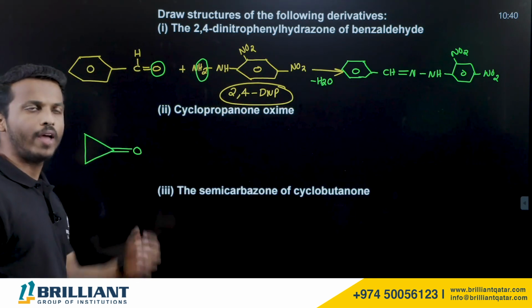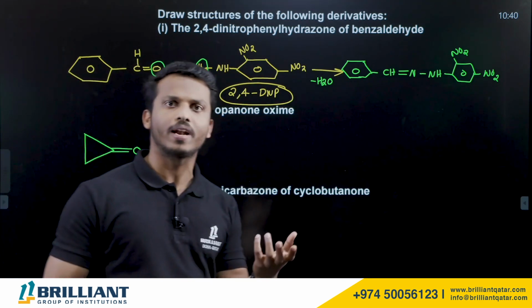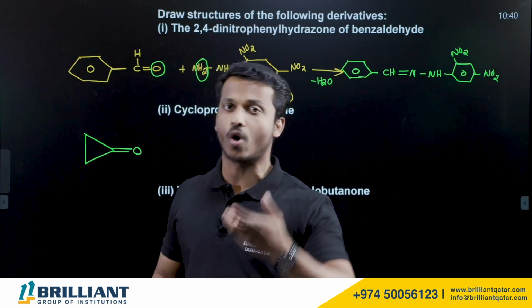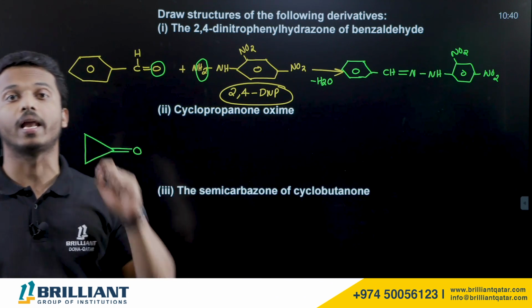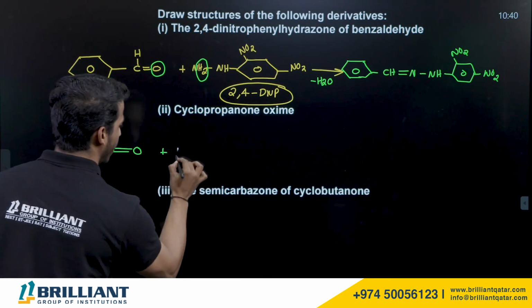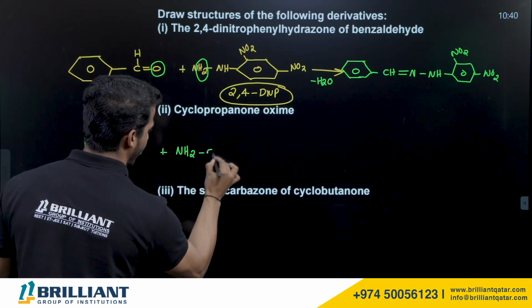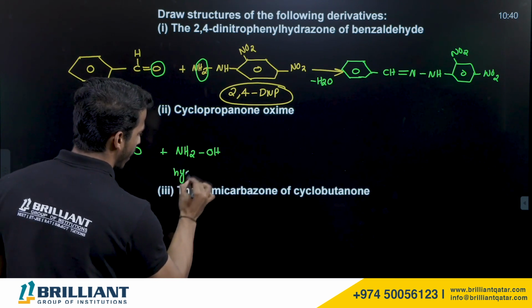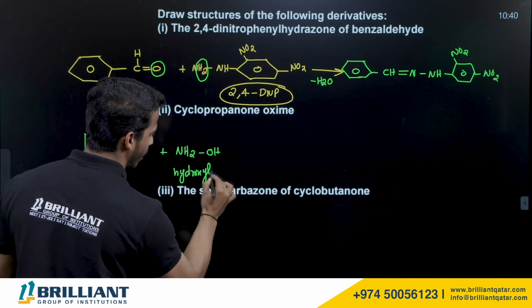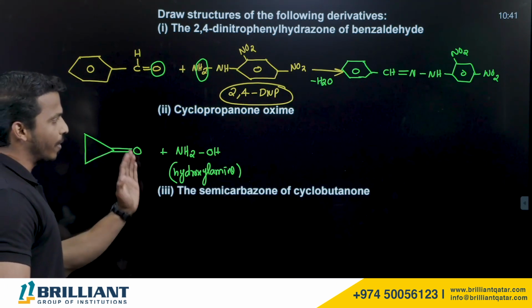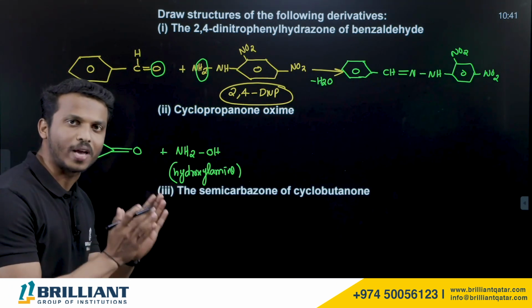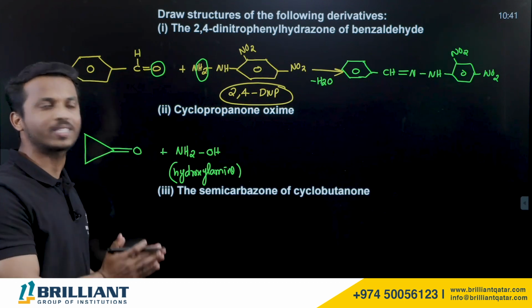Oxime. You know, an aldehyde or ketone can be converted into an oxime when it is treated with hydroxylamine. What is hydroxylamine? NH2OH. This is called hydroxylamine. So any aldehyde or ketone when you treat with hydroxylamine, here also you have to do the same procedure as in the previous case.